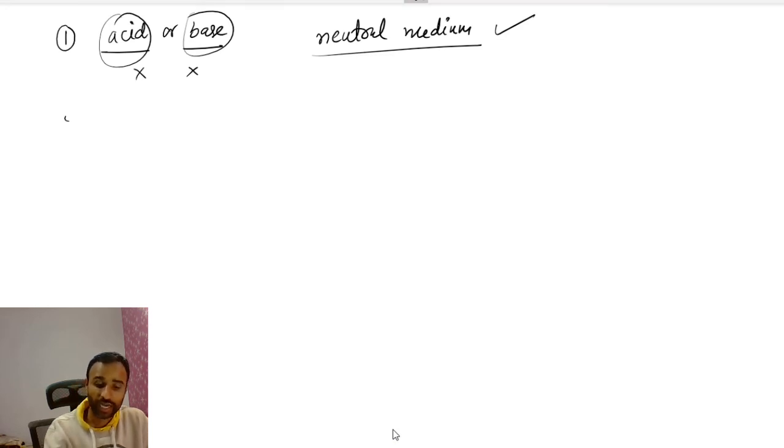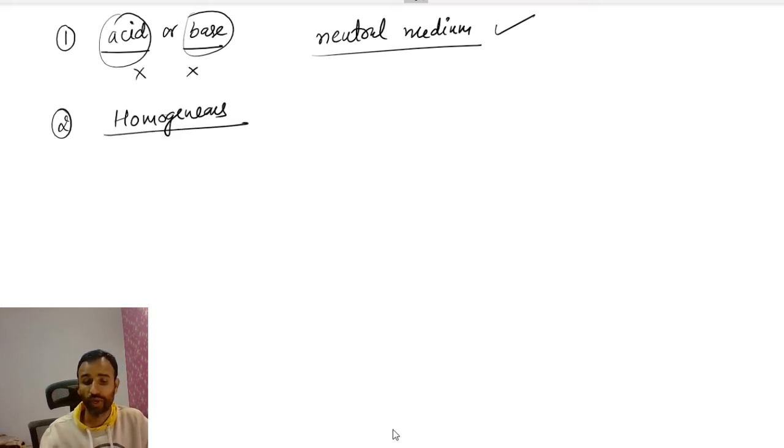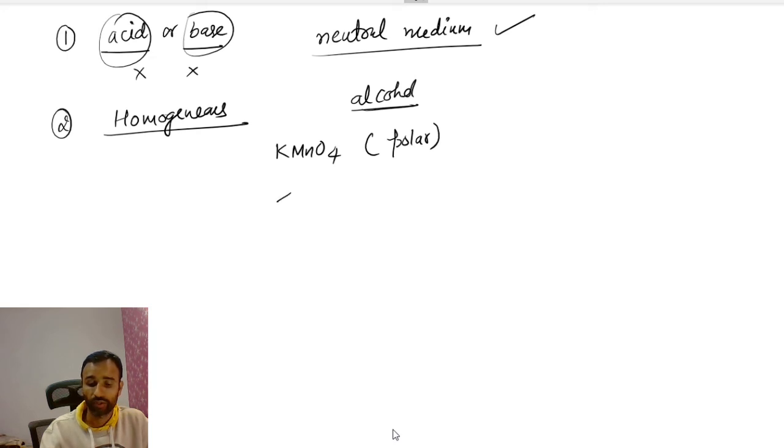Okay, second thing, to make the reaction faster, it should be homogeneous. So when we use alcohol, both KMnO4 being polar, it is soluble in alcohol, and toluene being organic is soluble in alcohol.